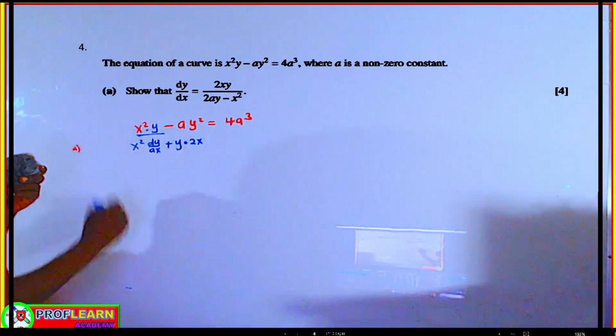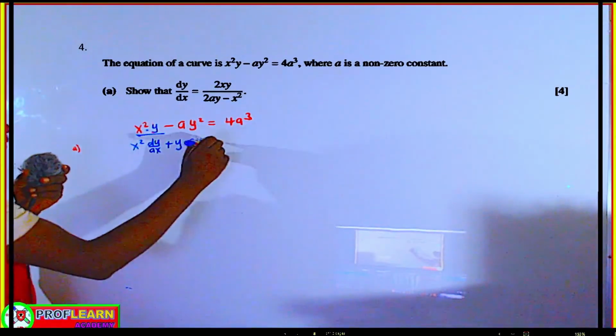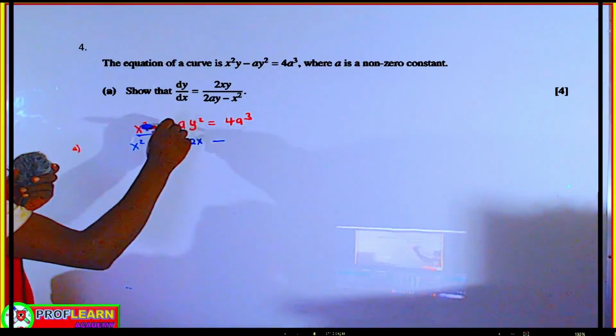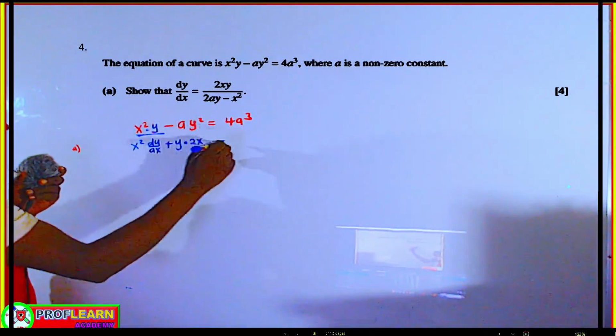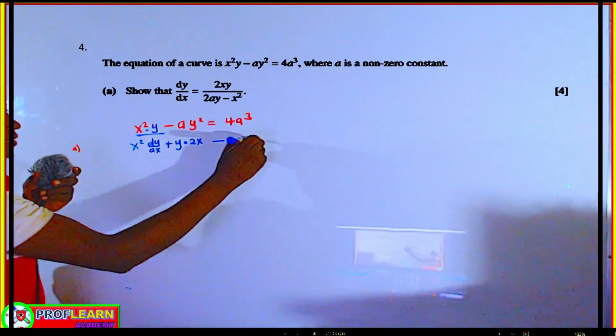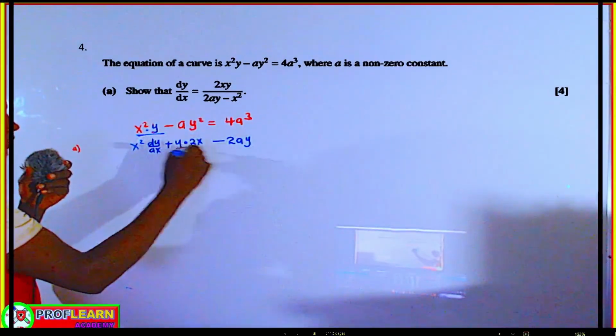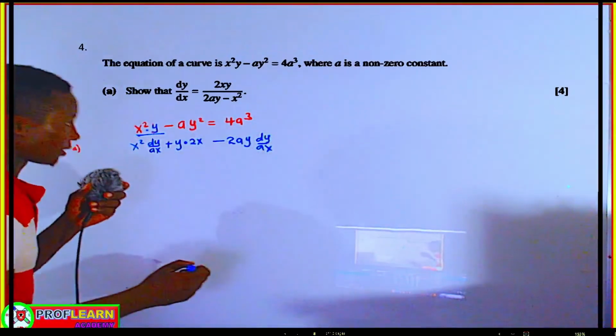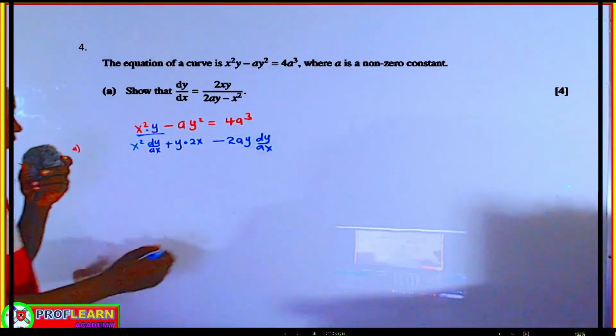Now we are done with this equation. Then minus, now differentiating, because a is a constant, differentiating y, we're going to get 2ay. But since you are differentiating y, you must write dy dx, and I repeat saying that because y is a function of x.